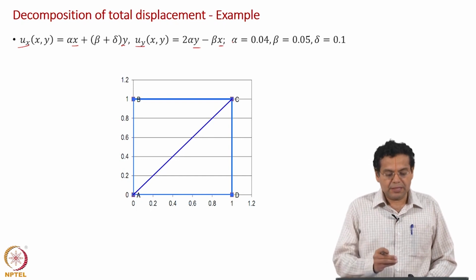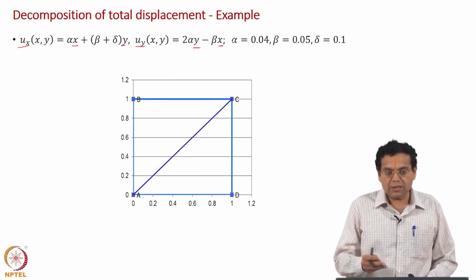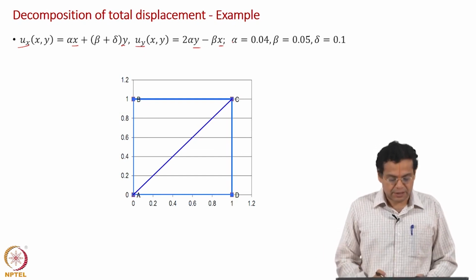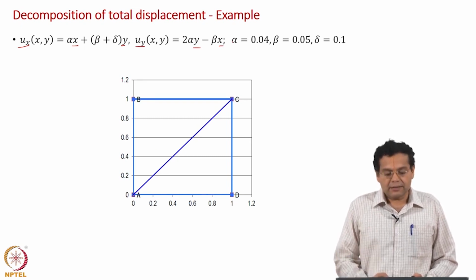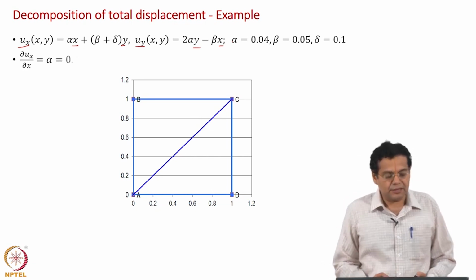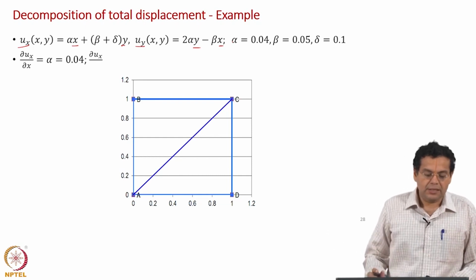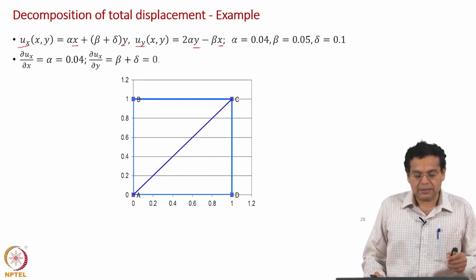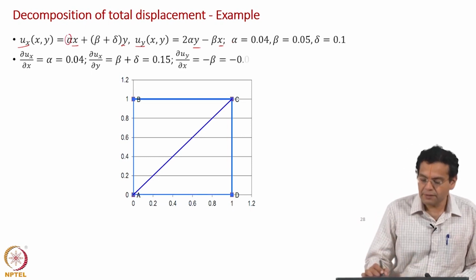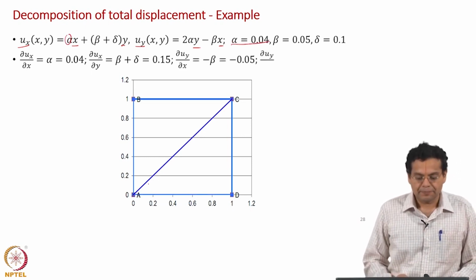So, the displacement field is chosen to demonstrate that the total displacement is the sum of the deformation plus the rigid body rotation. Now, let us calculate all the 4 gradients, which will be useful for us. Dou ux by dou x, differentiating the x component, you get alpha, the value of alpha is 0.04.